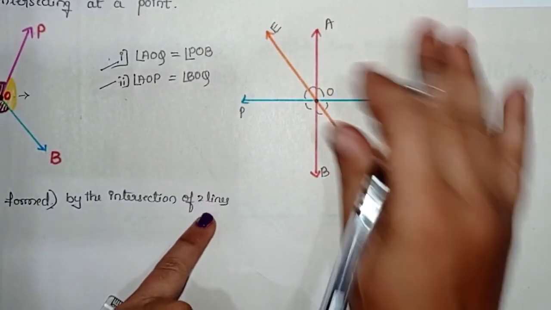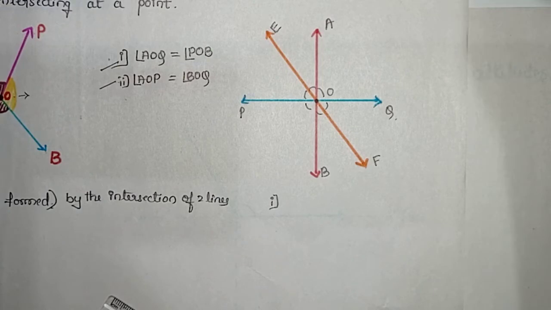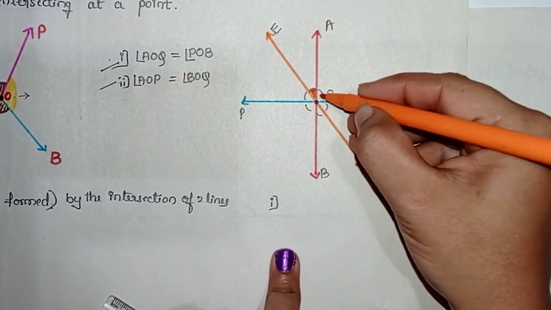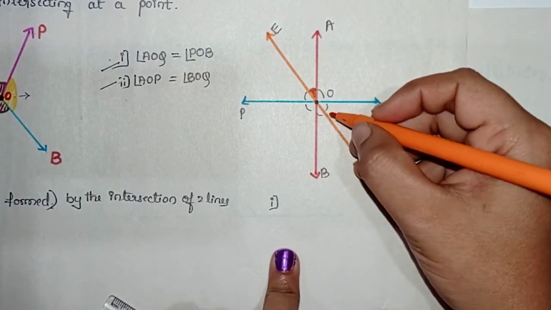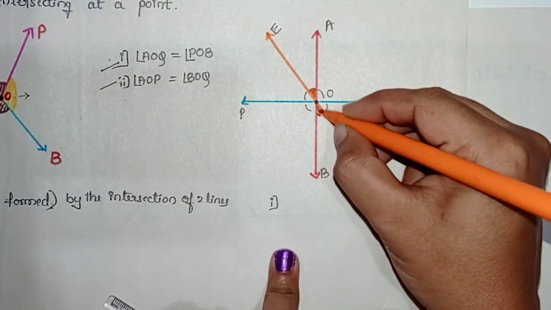First we'll mark with different colors so that you can recognize. For EOA, which will be the vertically opposite angle? BOF, that is this angle.